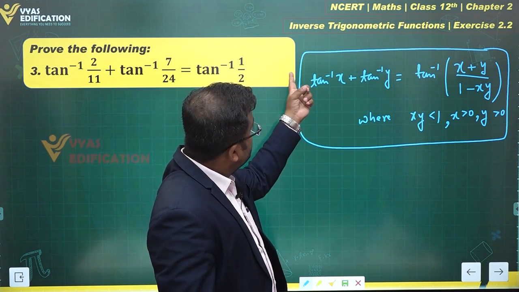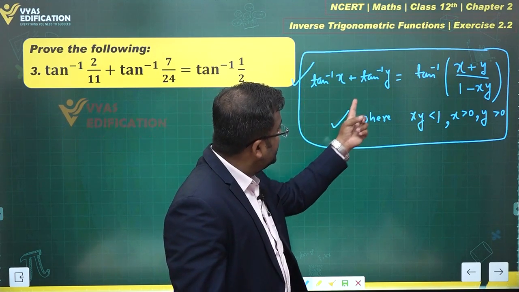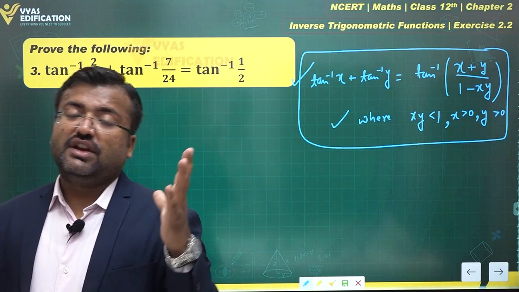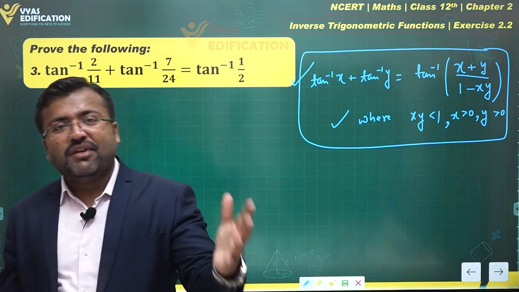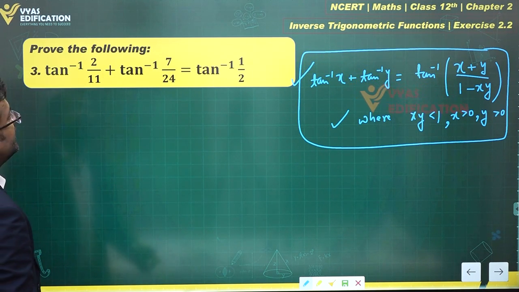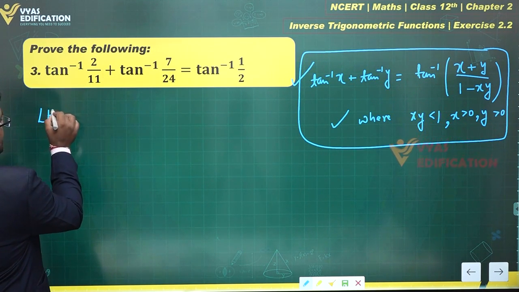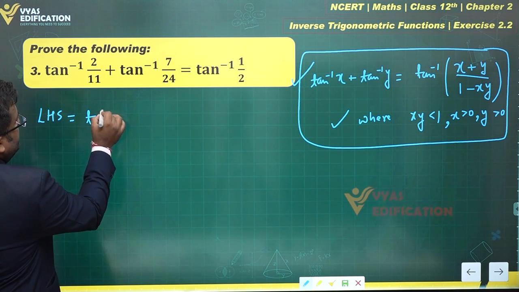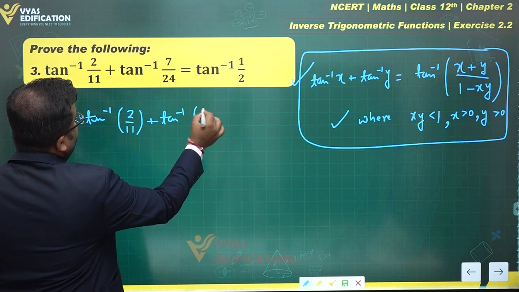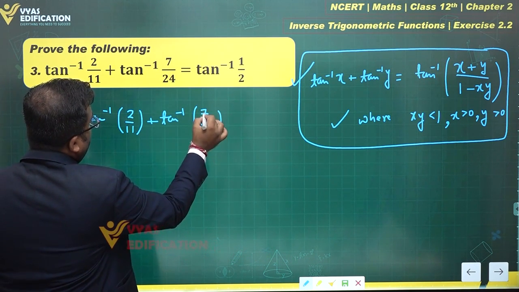So, you should not only remember this formula, you should also remember the conditions related to the formula. That's very important. And once you remember the conditions, then it is very simple to apply the concepts. In this result, you observe that in the LHS, what you have is tan inverse 2 by 11 plus tan inverse 7 by 24.